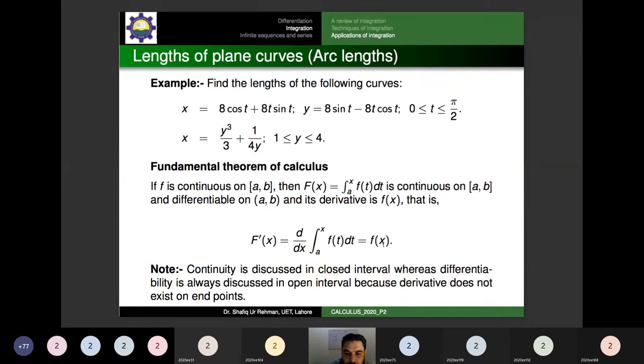and know the concepts of integration, we say that integration is the reverse process of differentiation. If integration is a reverse process to differentiation, surely they are going to kill each other's effect.